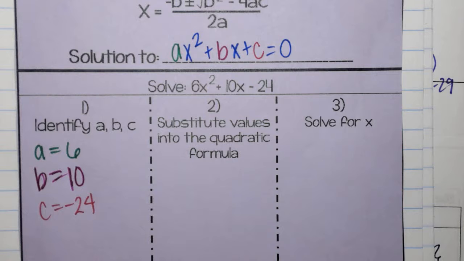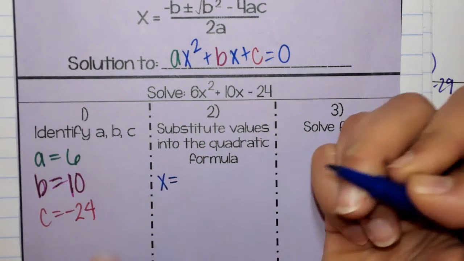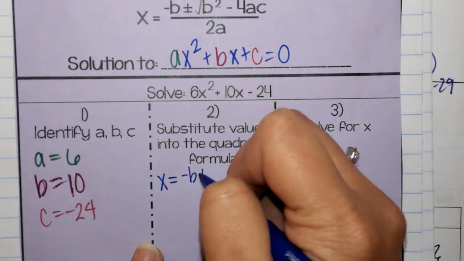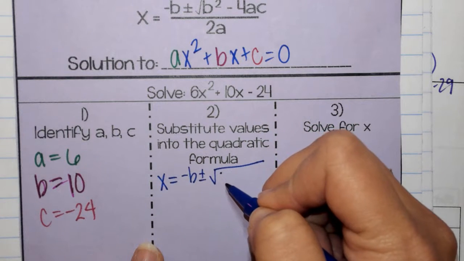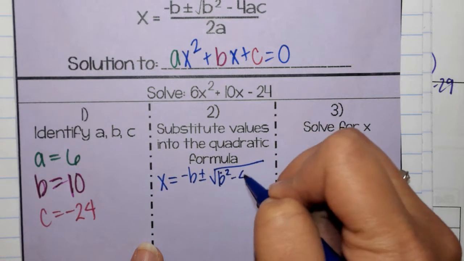Alright, now we're going to substitute our values into the quadratic formula. What is the quadratic formula? X equals the opposite of b, plus or minus the square root of b squared minus 4ac, all divided by 2a.